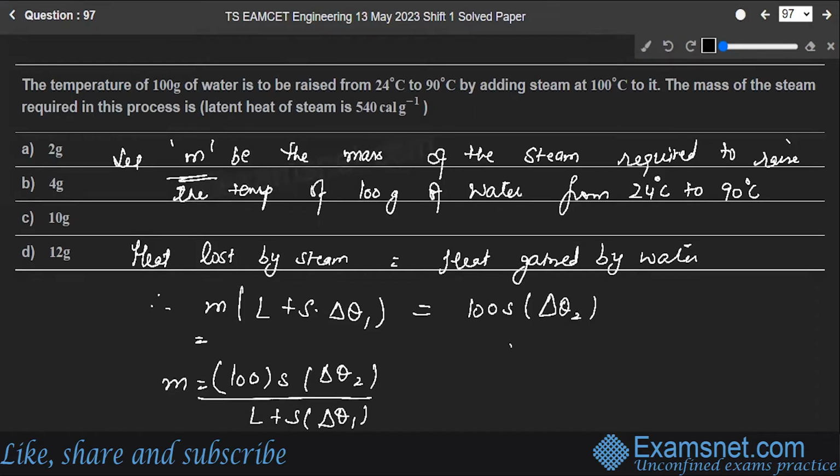Here in this particular equation, S is your specific heat of water, which is equal to 1 calorie per gram.